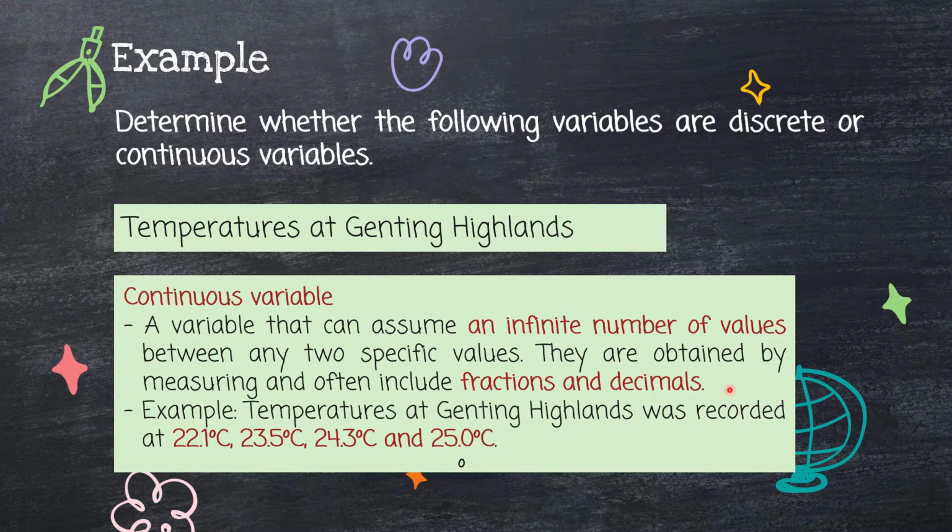They are obtained by measuring and often include fractions and decimals. Example: temperatures at Genting Highlands were recorded at 22.1 degrees Celsius, 23.5 degrees Celsius, 24.3 degrees Celsius, and 25.0 degrees Celsius. So the figures include decimals.